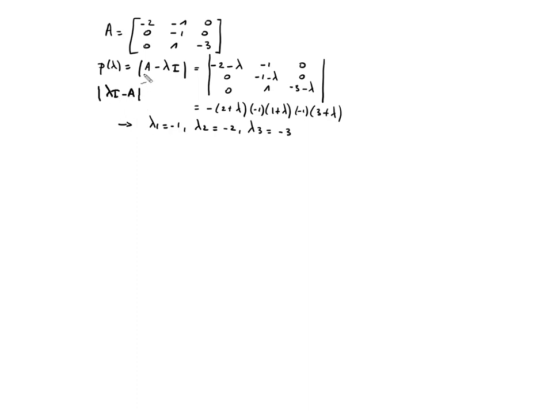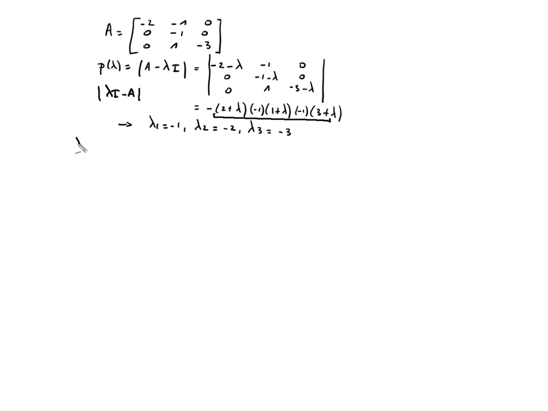So you can either choose the determinant of A minus λI or the determinant of λI minus A. The eigenvalues will remain the same, of course. Here the characteristic polynomial can be computed using this determinant, and you can see that it is given over here. There are three eigenvalues, -1, -2 and -3. So in this case the matrix A can be diagonalized.